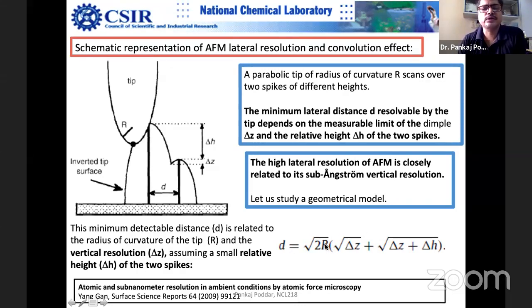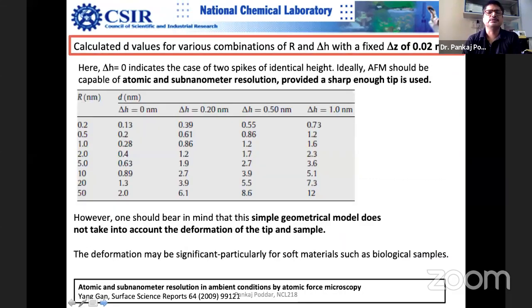So this is already factored in. Delta Z, which is vertical resolution, is quite important here, as well as this amount of roughness. Delta H is nothing but the amount of roughness. So the larger the roughness, your D becomes probably larger.